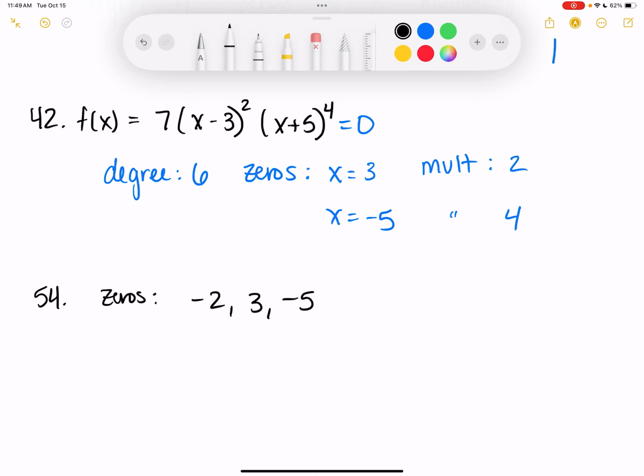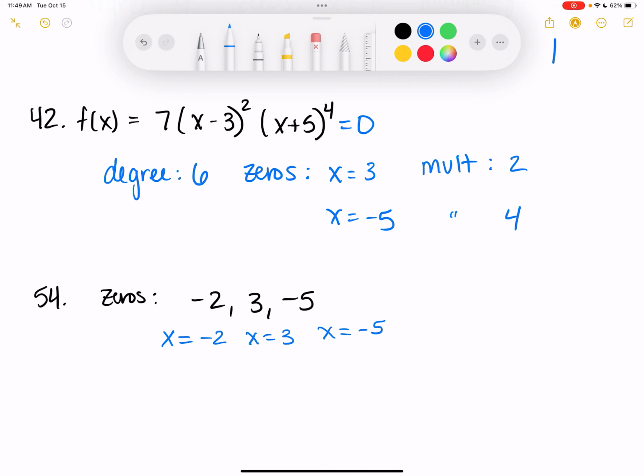To do that, I would start out doing it this way because when we get into the next couple of sections it will make it easier. Set these each equal to x. So x equals negative 2, x equals 3, and x equals negative 5. That's just another way to write your zeros. Then I would move the numbers over.